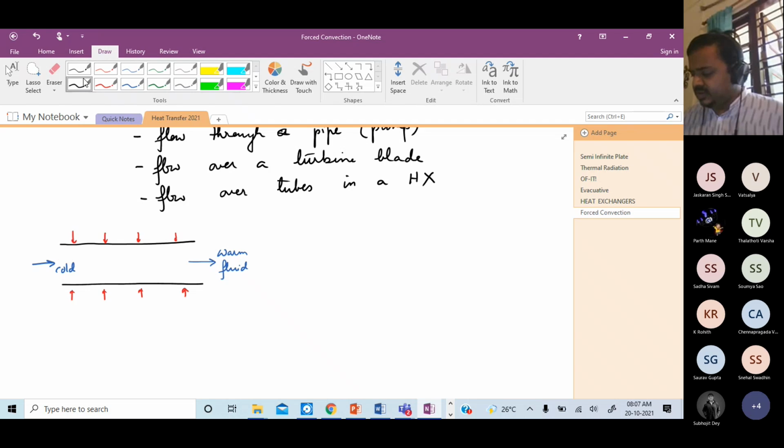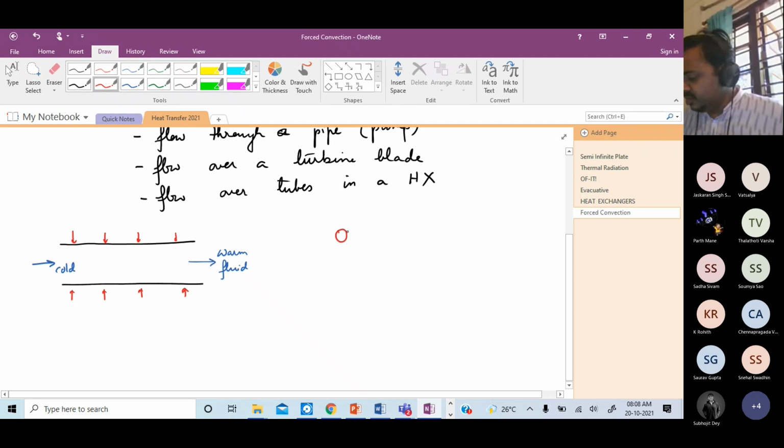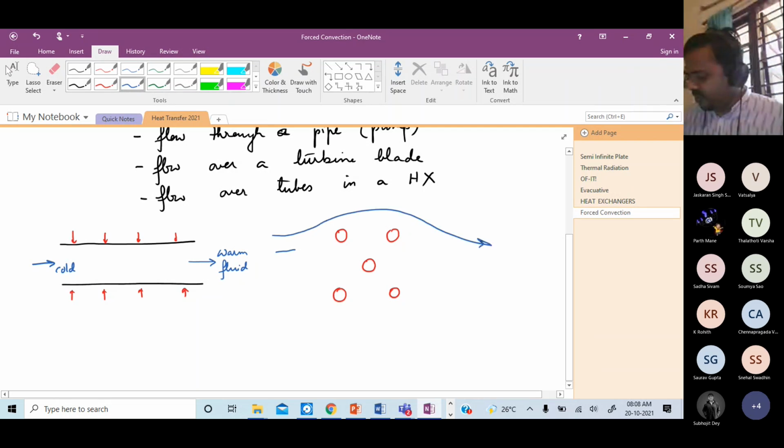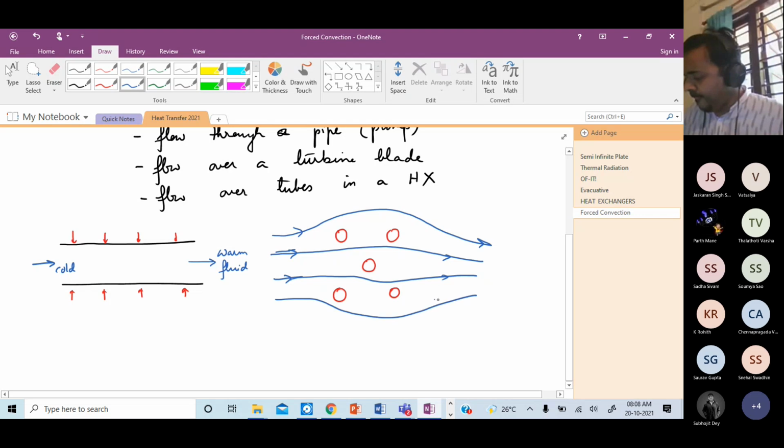Similarly, flow over tubes, a bank of tubes. If my flow is coming, it will have a slight deviation, something like this.